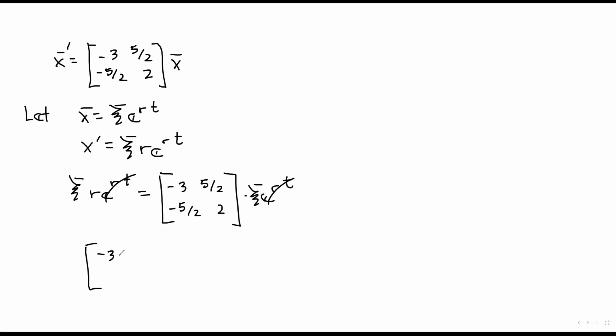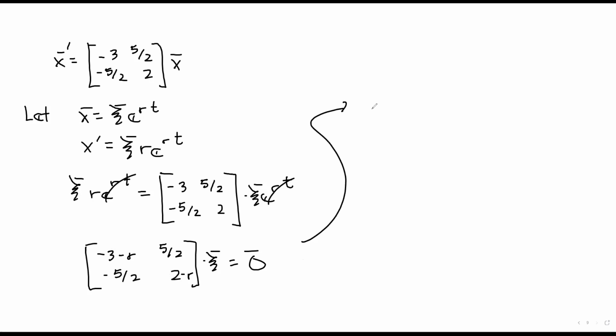Move things around, you get the matrix -3 minus r, 5/2, -5/2, 2 minus r times xi equals 0. Oops, forgot my minus r here. We need to calculate the determinant and set it equal to 0.